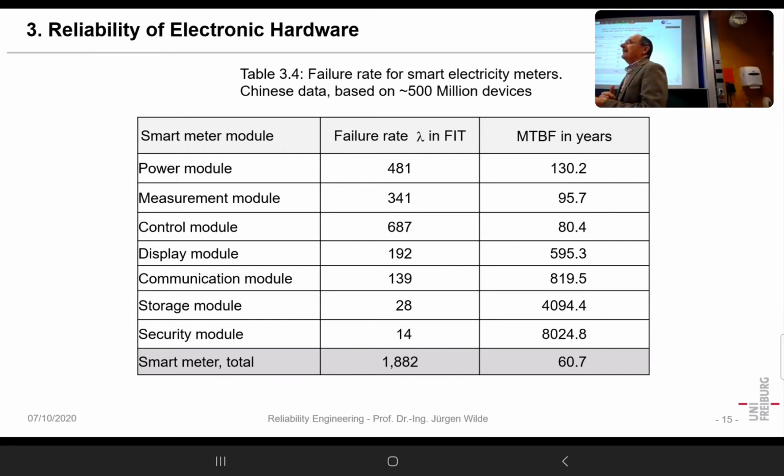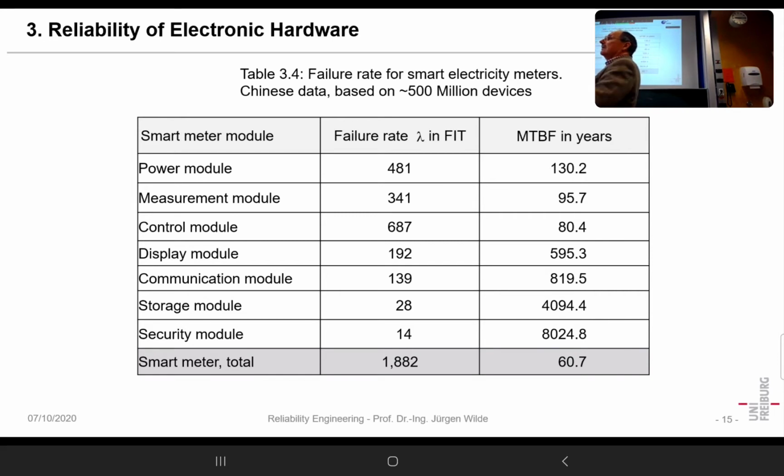that meter had quite a number of submodules. So we have the power module, we have a measurement module, we have a control module, some display module, here also a communication module, because it can be read remotely via the internet, also storage module, and a security module.